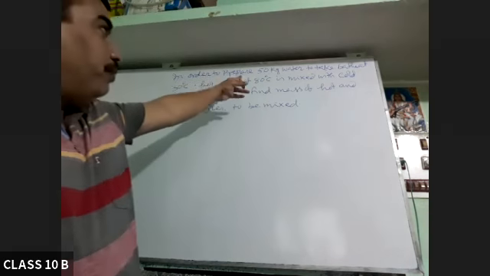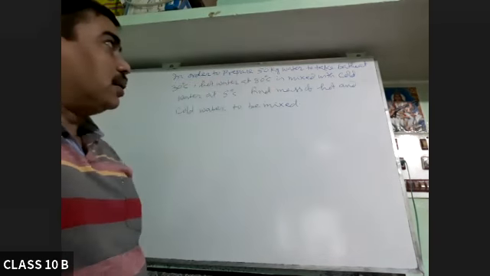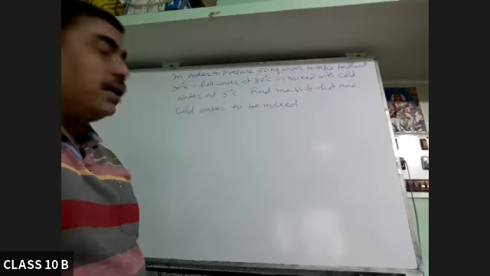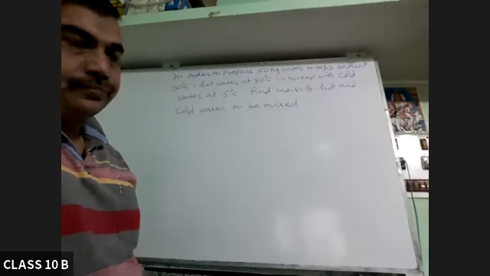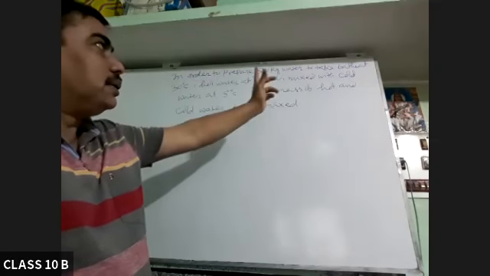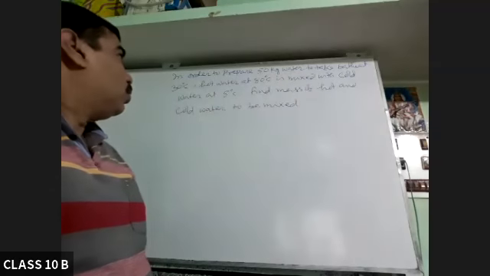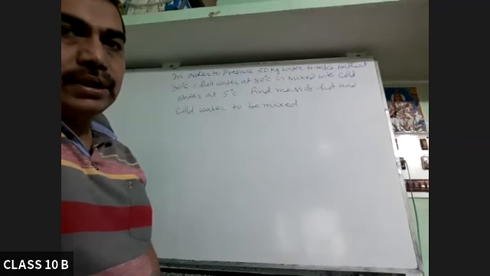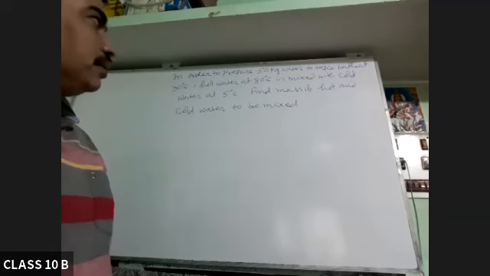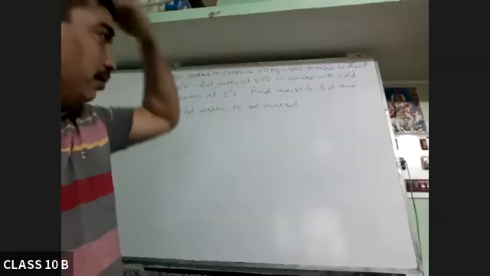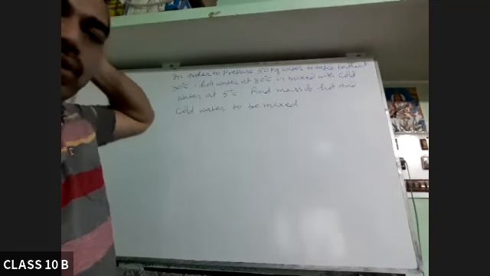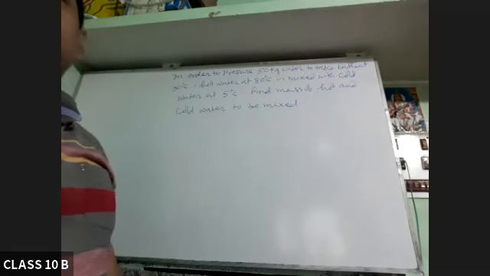In order to prepare 50 kg of water to take a bath at 30 degrees Celsius, hot water at 80 degrees Celsius is mixed with cold water at 5 degrees Celsius. Find the mass of hot water and cold water to be mixed.